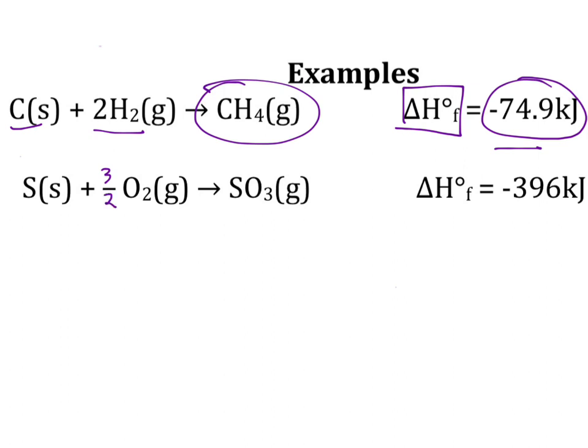And so you can see a fraction within the heats of formation, showing that the elements come together to make 1 mole. Again, the whole idea is that 1 mole is supposed to be produced, and so that's why you can have a fraction when talking specifically about heats of formation.